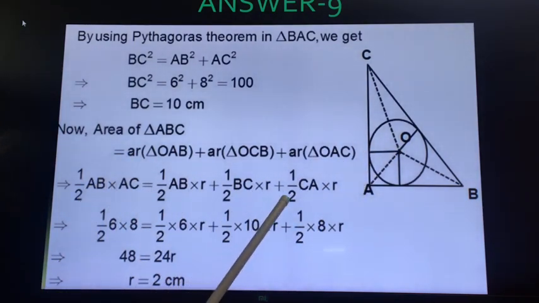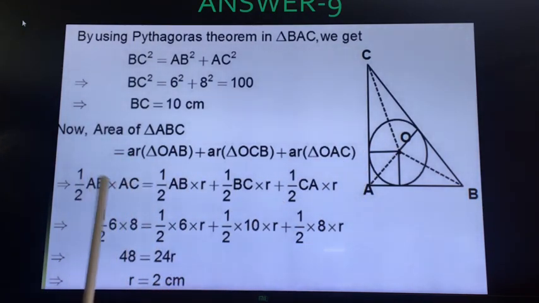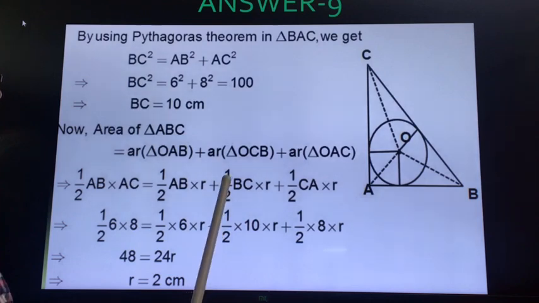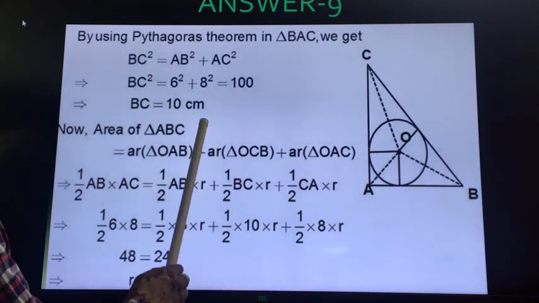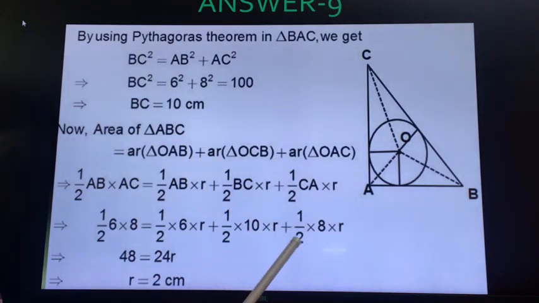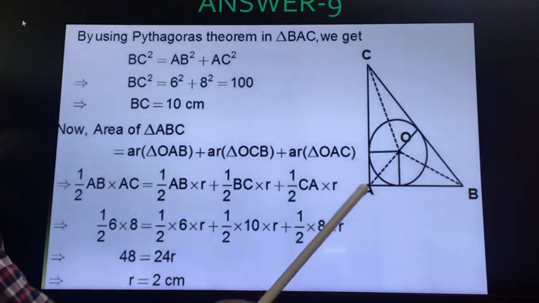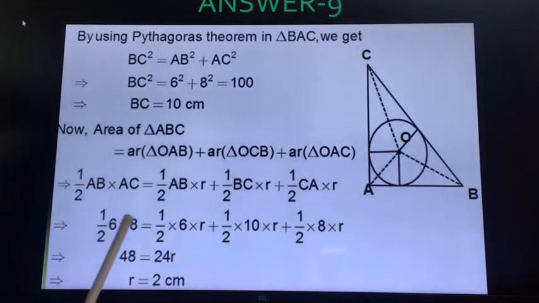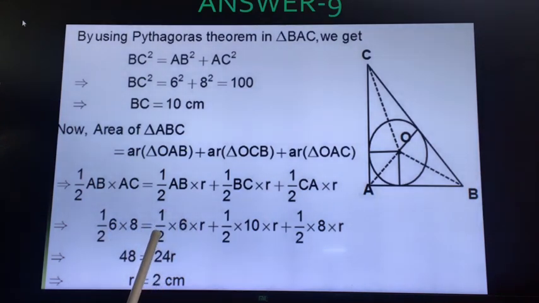Now half into AB is 6, AC is 8, half into AB is 6 into R plus half into BC is 10, we have already calculated, into R plus half into CA is already given 8 into R. So simplify this. So 48 upon 2, and here by 2 you can cancel.